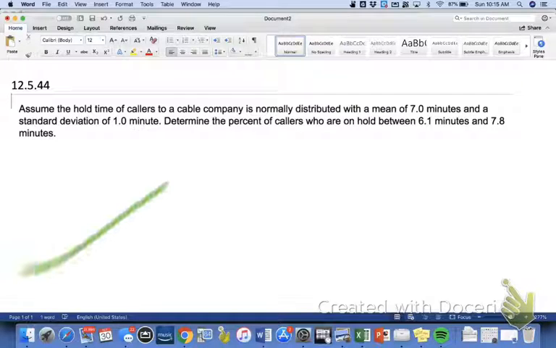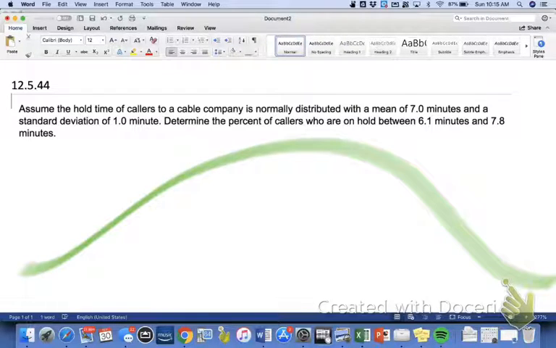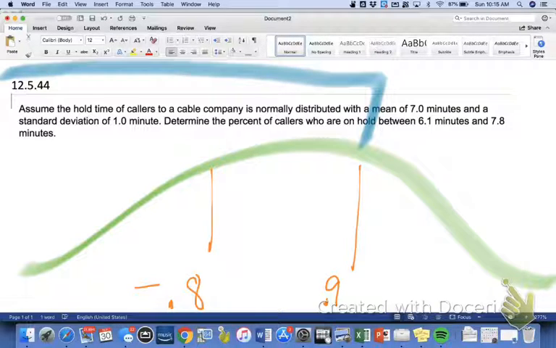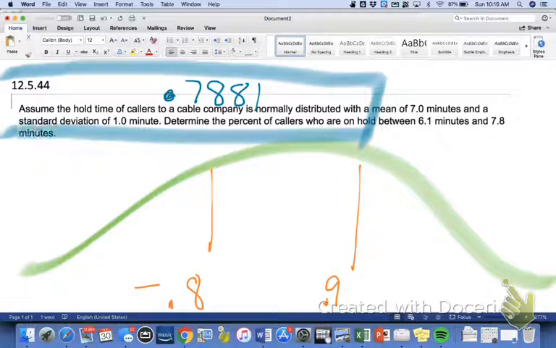So I'm going to draw myself another little normal curve here. My two z-scores are a negative 0.9 and a positive 0.8. What we just found from the table was that all the space to the left of 0.8 was 0.7881, the total area to the left.